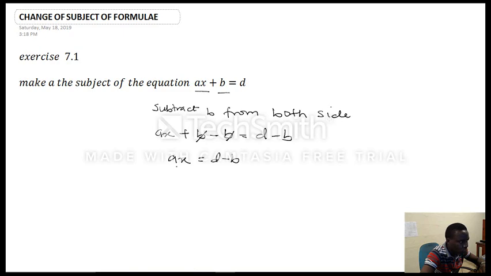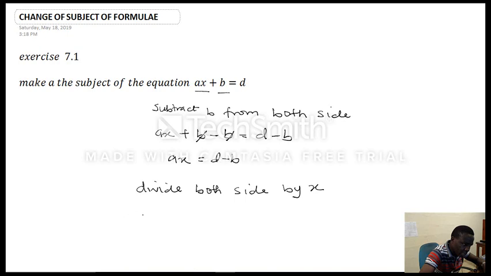Next is to undo the multiplication operation, which by this we are going to divide. We say divide both sides by the variable which is not needed, which is what? x, so that a can stand alone.